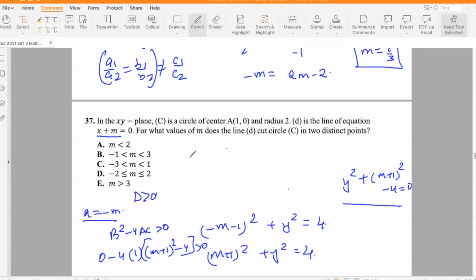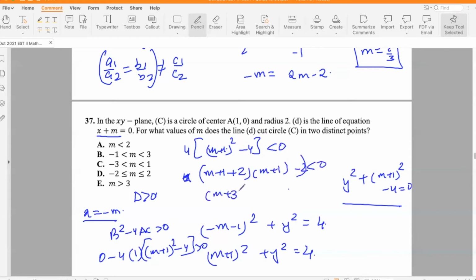So then I can write this as 4 times (m plus 1) squared minus 4 should be negative. So this 4 I can get rid of. So I can say (m plus 1 plus 2) and (m plus 1 minus 2) should be negative.